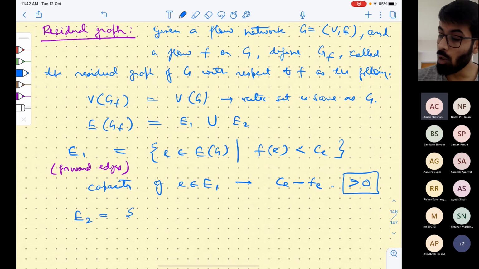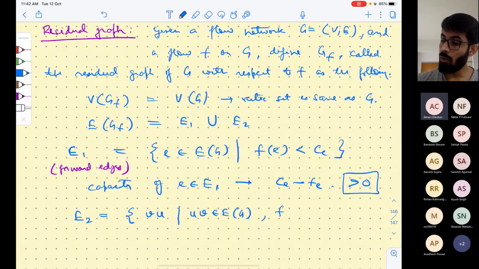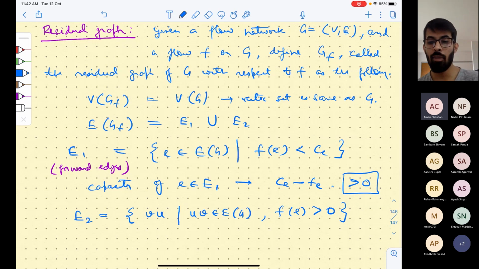Okay. So this is one set of edges, and then the residual graph has another set of edges, E2, which is the set of VU, the opposite edges, such that UV is an edge in G such that f of e is greater than 0. If there is any edge that is carrying some flow, then we put the opposite of that as VU, right?